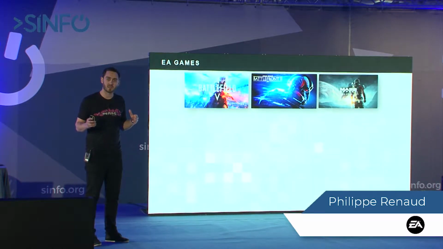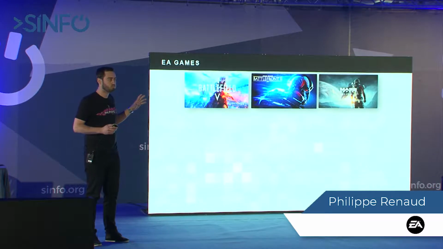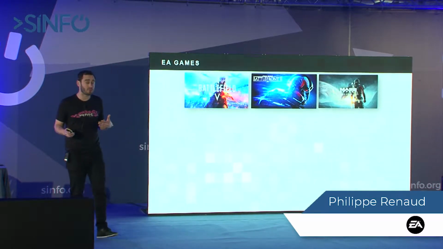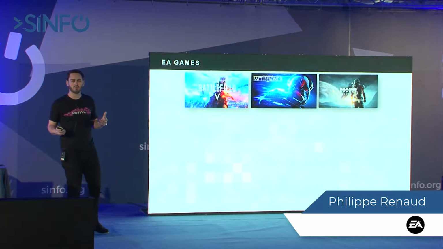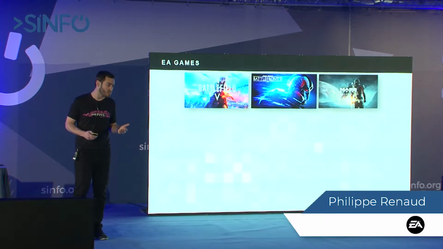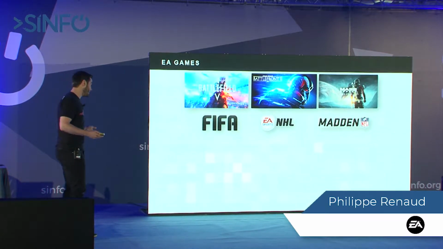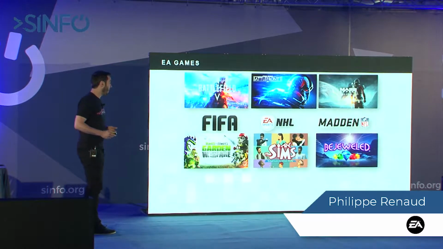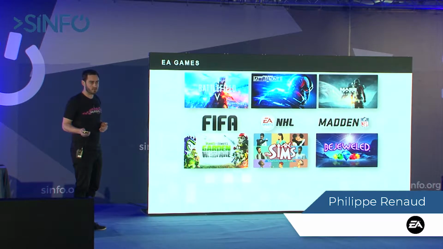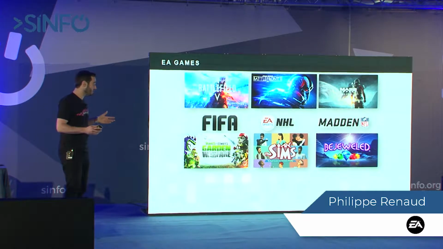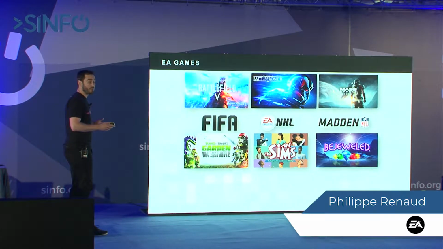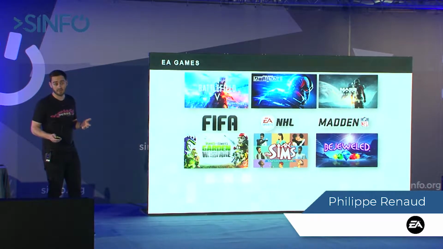EA is known for its sports titles a lot. But I just want to quickly bring up that there's a lot of games that you might not even know are under the EA umbrella. Battlefield, Battlefront, Mass Effect, so big AAA shooter games, action-adventure games. The sports games, obviously, so FIFA, NHL, Madden. But there's also other types of games, games that we call casual, family games, not necessarily on the AAA platform or PC side, but also on the mobile side.